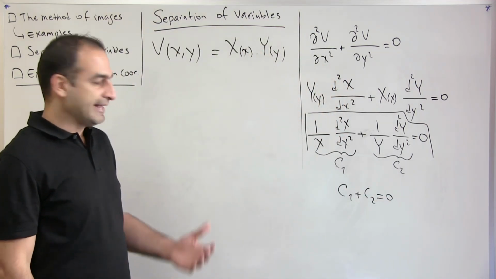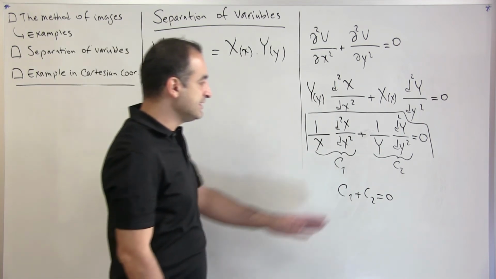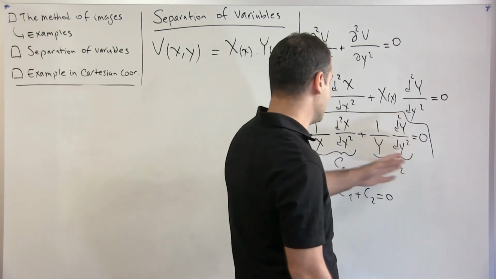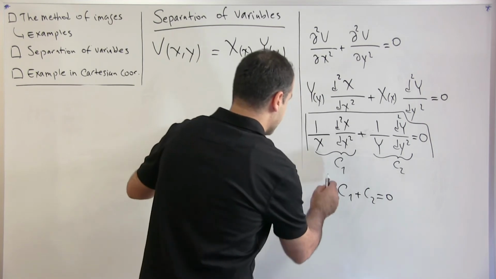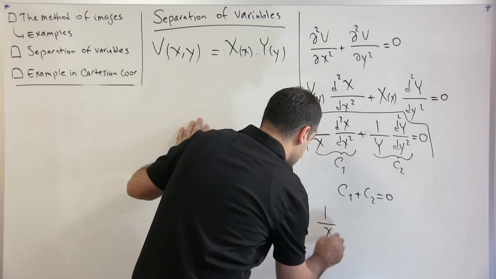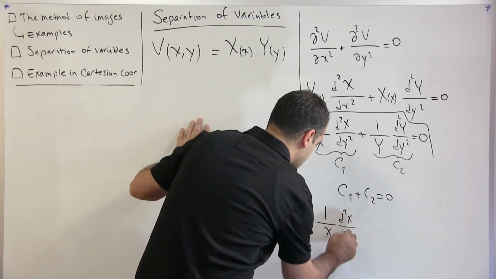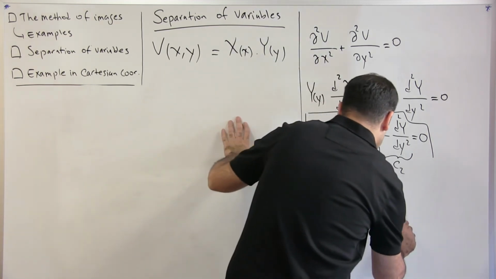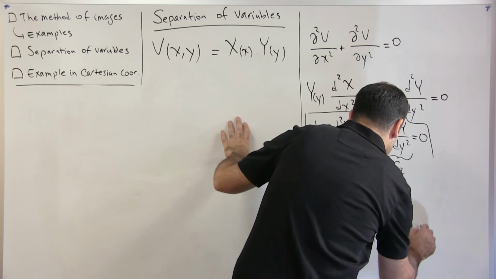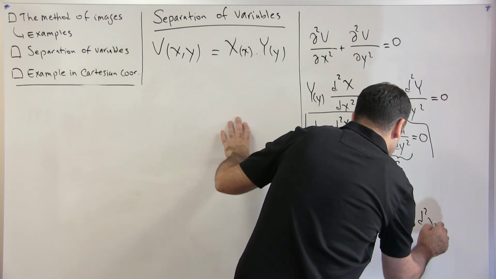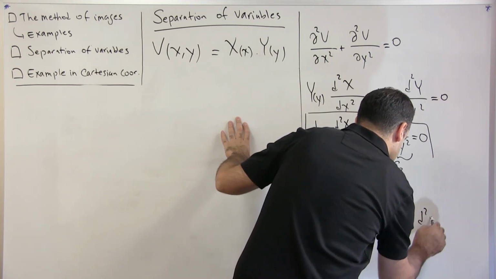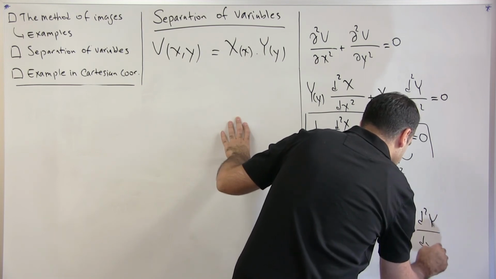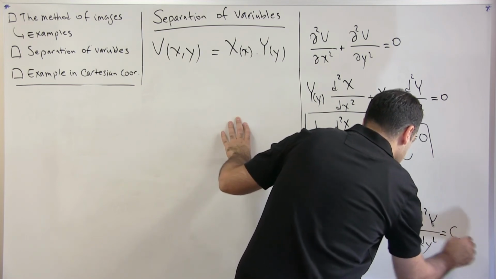That means this is not technically one equation, this is just two equations. The first one is 1 over X d2X over dx2, which should be equal to C1. And the second equation, 1 over Y d2Y over dy2, becomes C2.